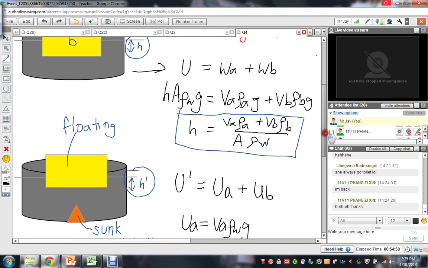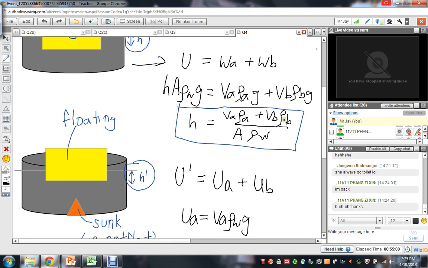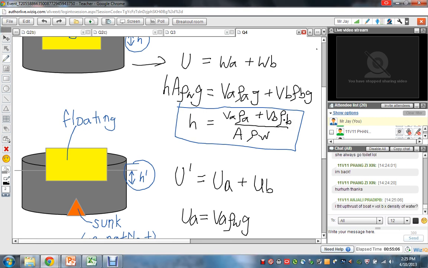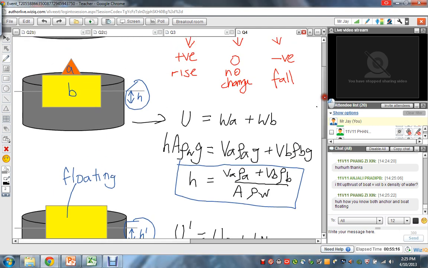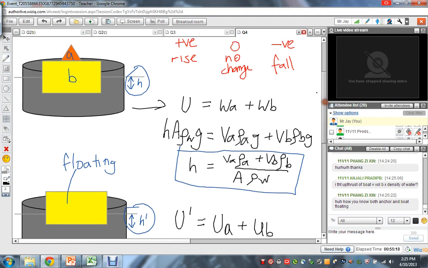And I make H the subject so that I got a very disgusting, complicated expression on the right hand side with lots of different unknowns. Because the initial case is that the boat and the anchor must be floating, if not they'll be sinking, right?